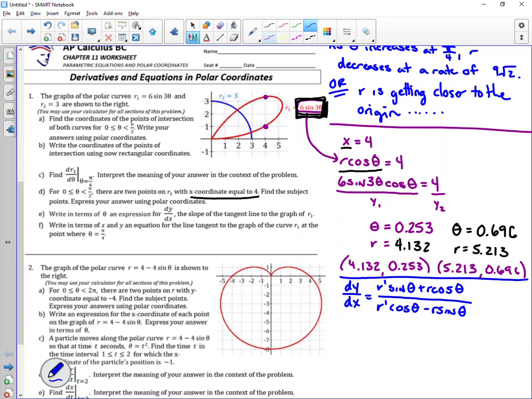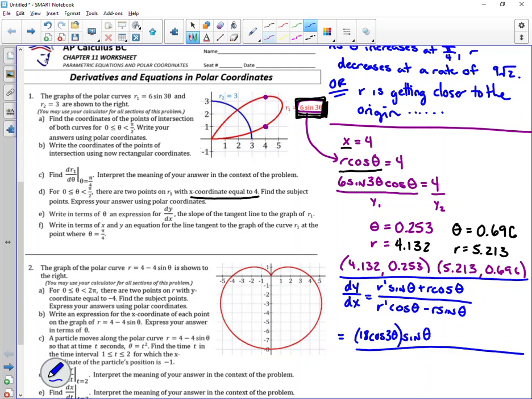What's the r prime? Did we figure that out already? What's the derivative of 6 sine 3 theta? We did. It's 18 cosine 3 theta.